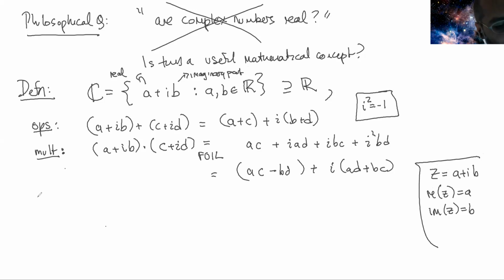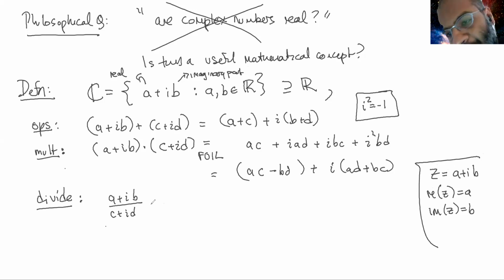You can also divide. You have a plus ib over c plus id. The way you define the ratio is by multiplying the numerator and denominator by c minus id.